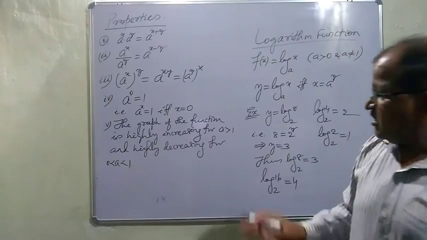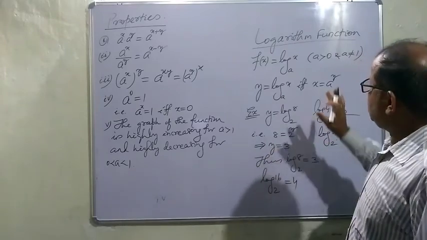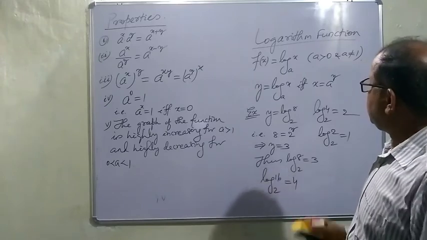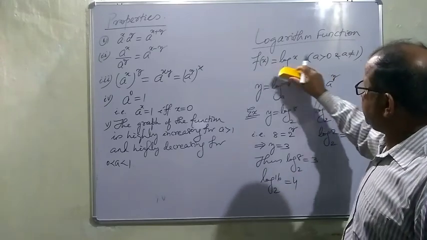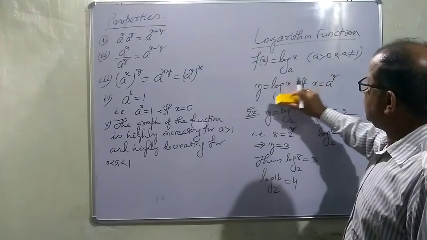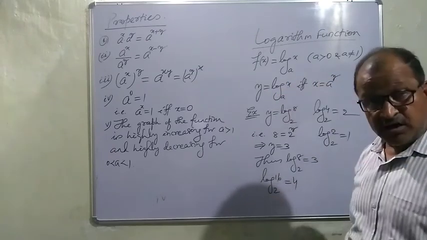Okay. Here also our aim is to study the logarithm function. So logarithm of x with base a is defined like this. If x is equal to a to the power y, then y is equal to log x.